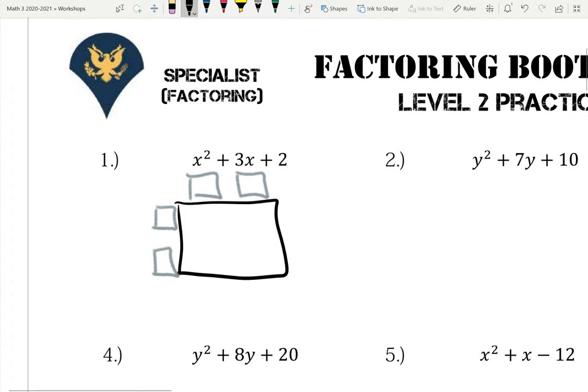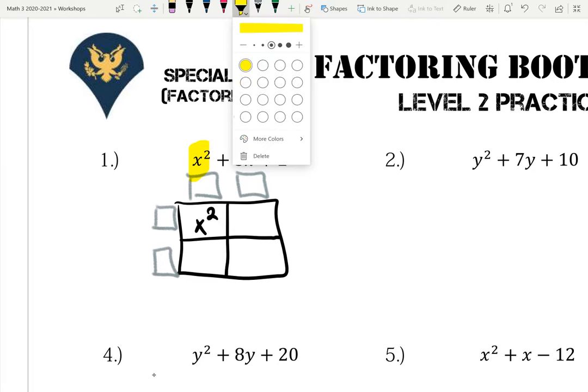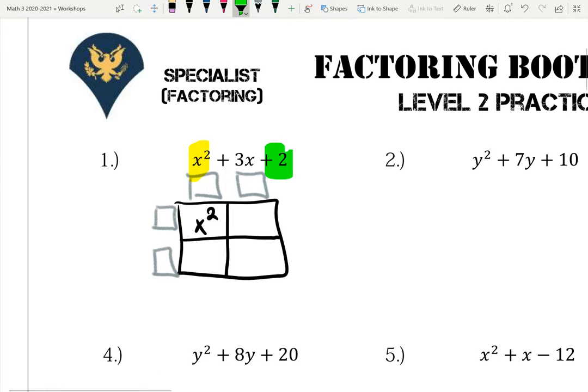So, what do I know? This is essentially the result of these terms being multiplied. X squared will always be the leading coefficient. We'll go here. 2 will go here, the constant as well.